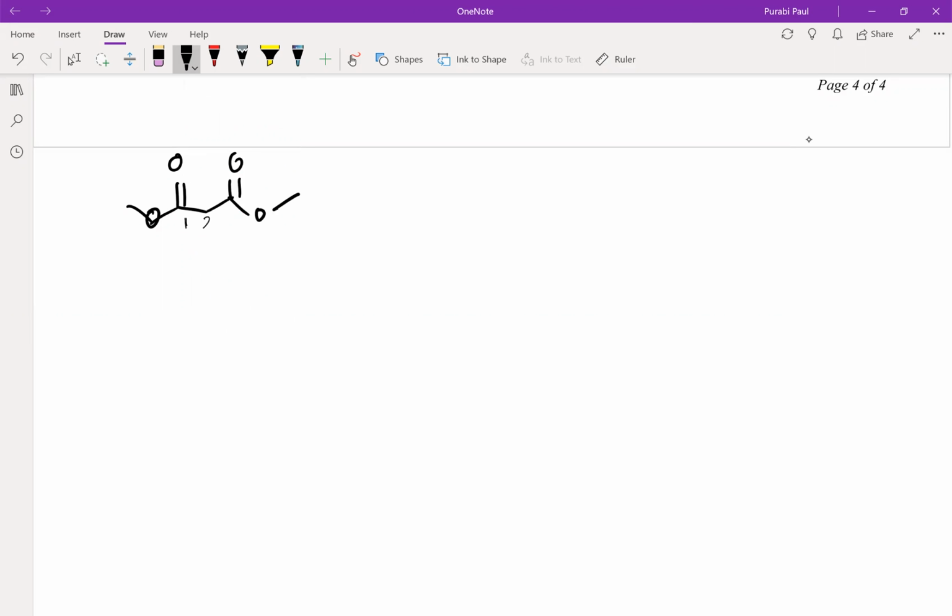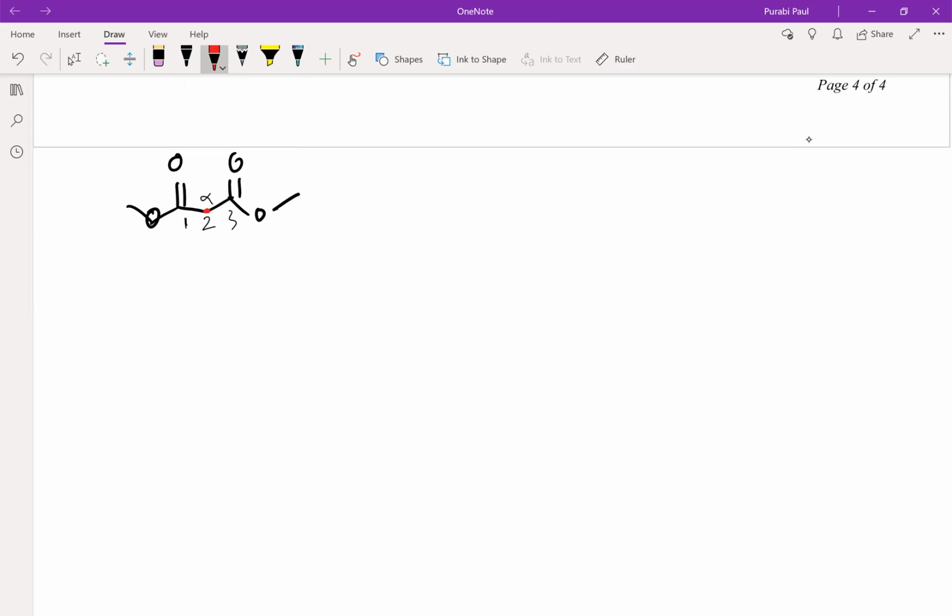So if you start numbering, it's 1, 2, 3. So these are special in the sense that you have this alpha carbon that is alpha to both of the carbonyls. Okay, this alpha position is alpha to both of them, right? And as you know, both of the carbonyl groups are electron withdrawing groups.